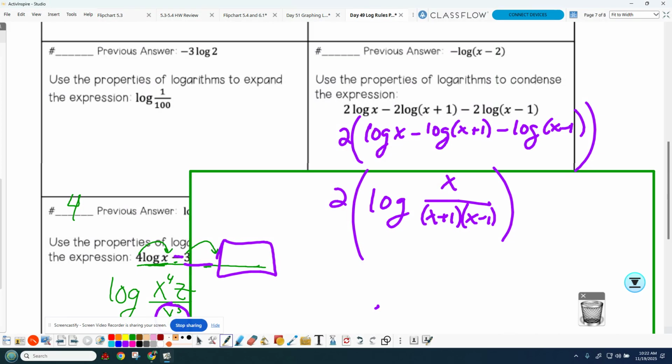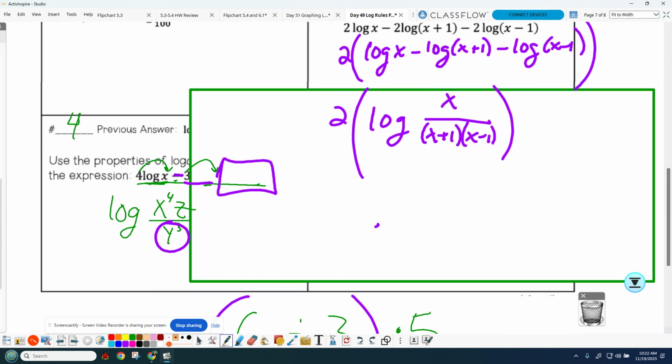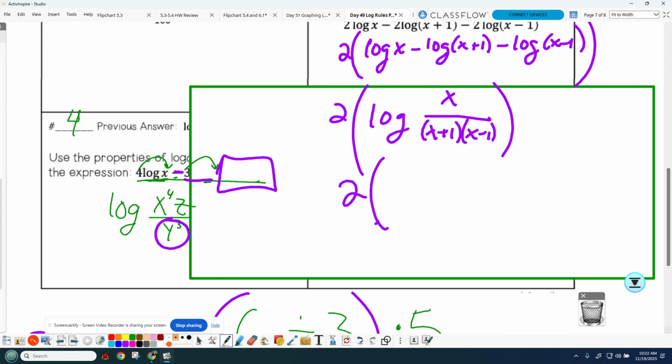Okay, and then I kind of think they didn't write the answer like this. All right, gross. Multiplying that out, it's x times x, which gives me x squared, minus x plus x, those guys go away, and then the minus 1.